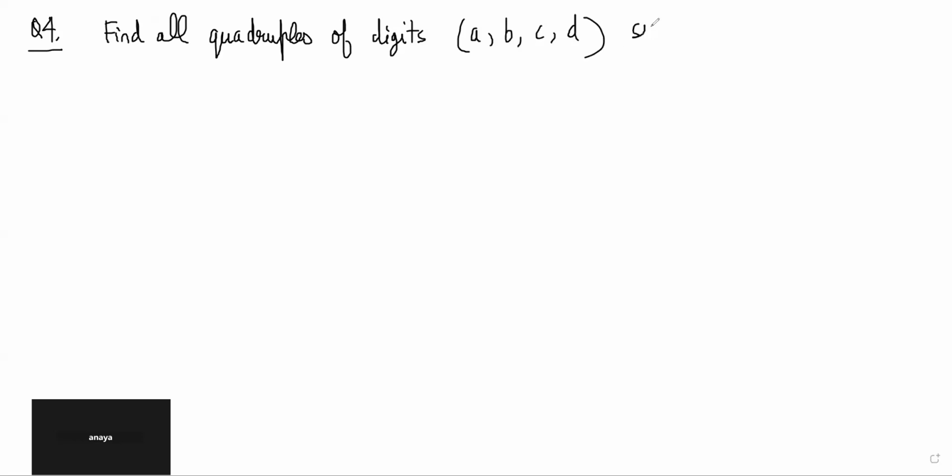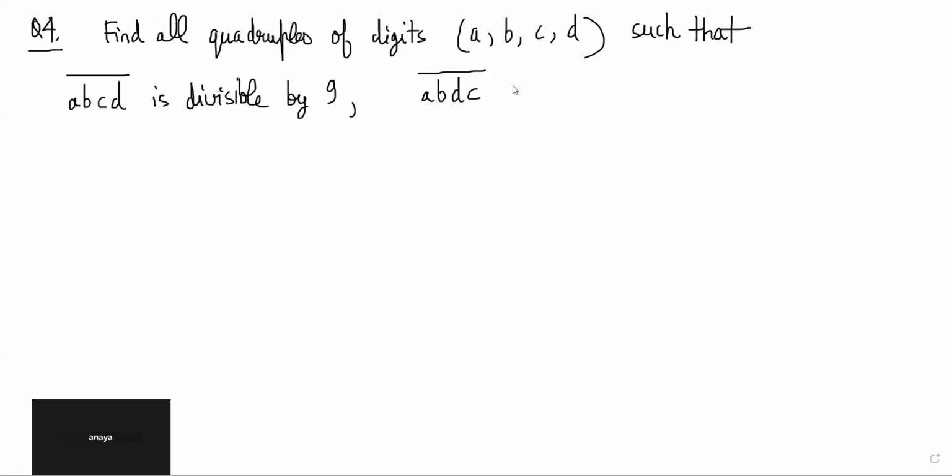We have to find all quadruples of digits A, B, C, D such that the number ABCD is divisible by 9, the number ABDC is divisible by 16, and the number ACBD is divisible by 25.